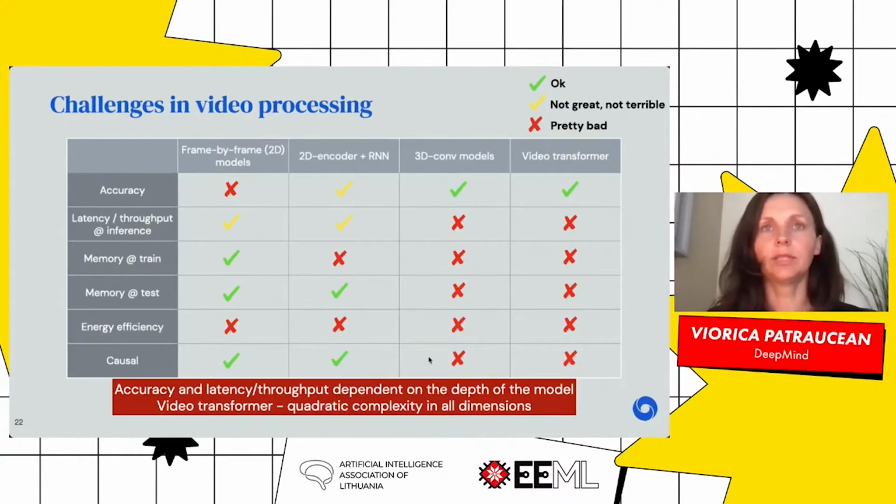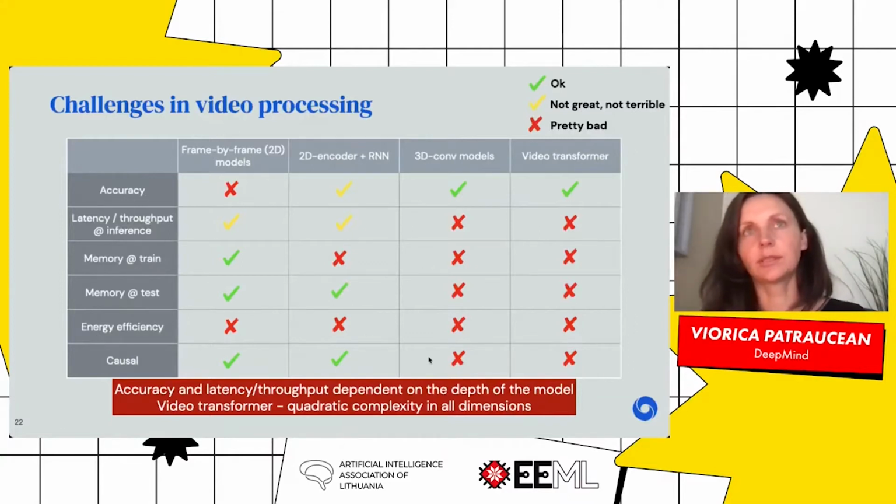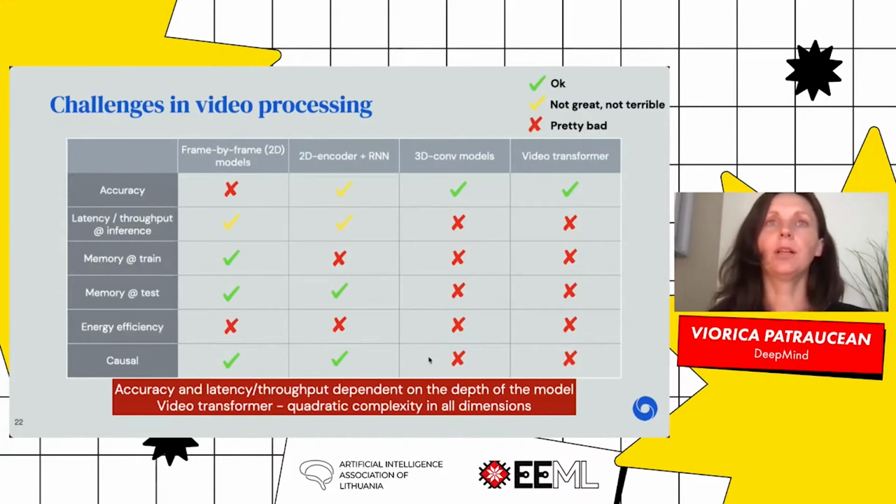At a glance, as I mentioned, the frame-by-frame models don't have very good accuracy, whereas as we go to temporal models, like 2D models based on RNNs, 3D ConvNets or video transformers, the accuracy keeps improving. However, this reverses a bit when we talk about latency and throughput. Of course, latency and throughput are better for frame-by-frame models and RNNs, whereas the larger models, the 3D ConvNets and the video transformers, are very heavy, so their latency is very high.